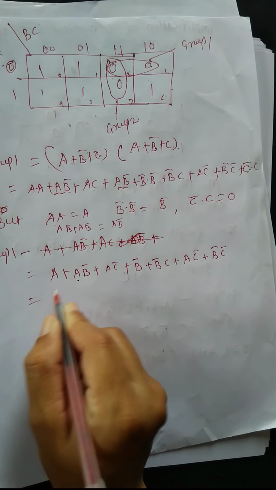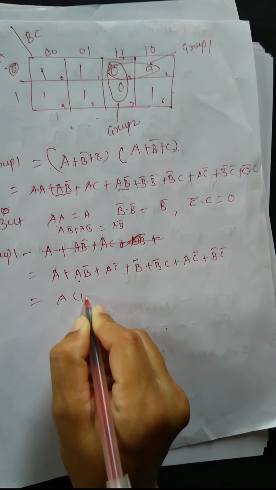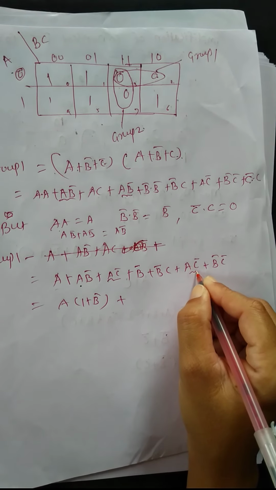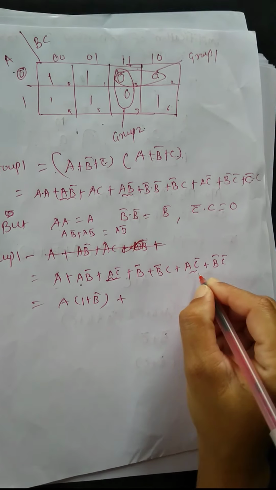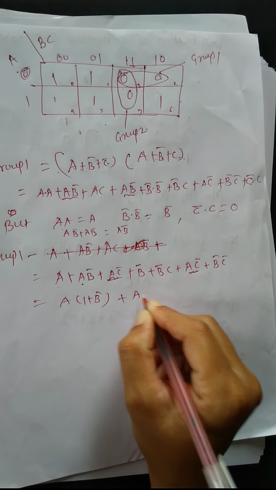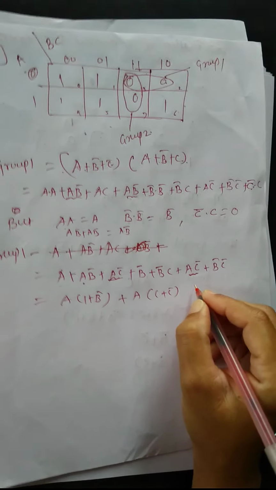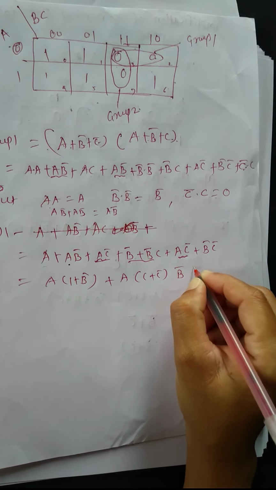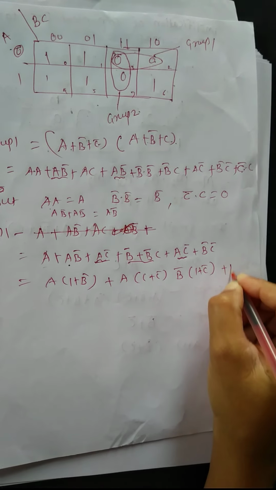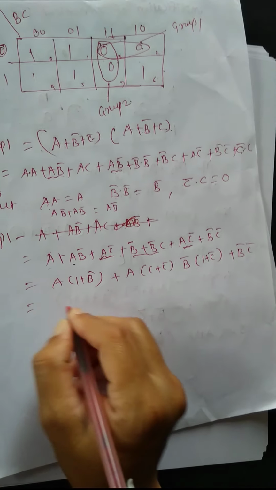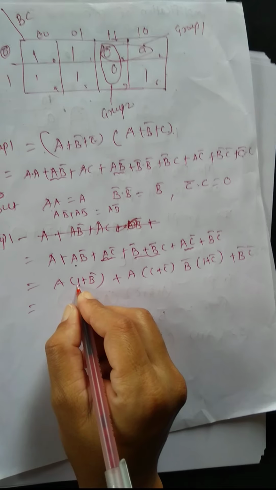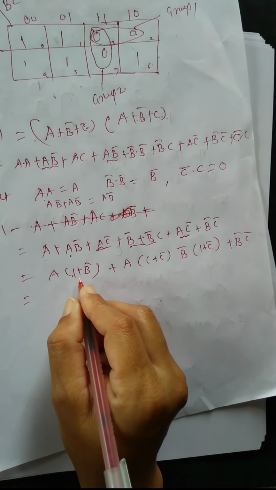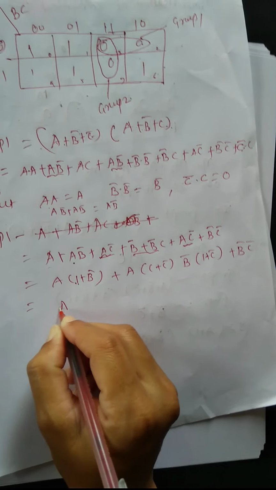After that simplification, we get a into 1 plus b bar, then for these two terms a into c plus c bar, then for these two terms b bar into 1 plus c bar, and the last term b bar c bar. By the law, 1 plus b bar is 1, so this term is a.